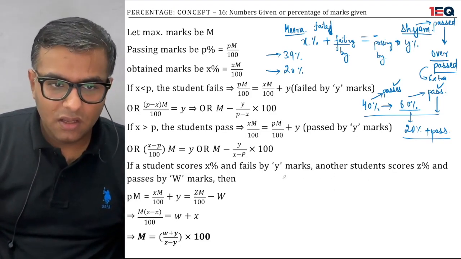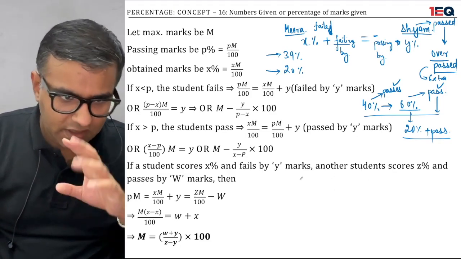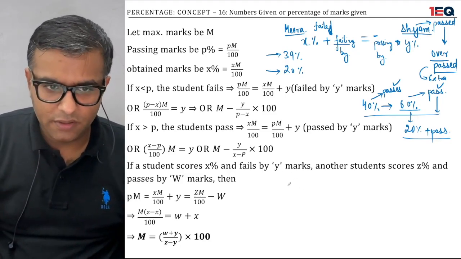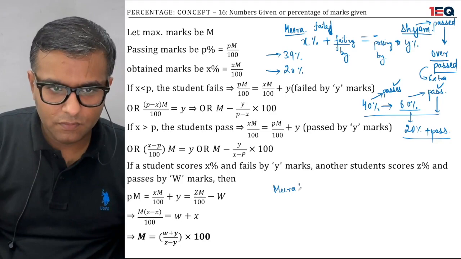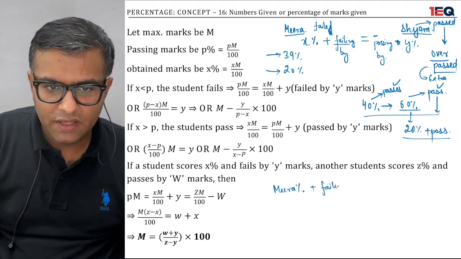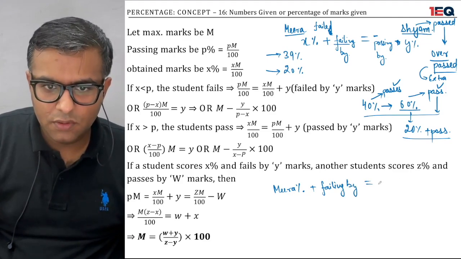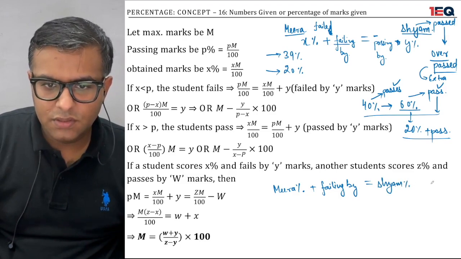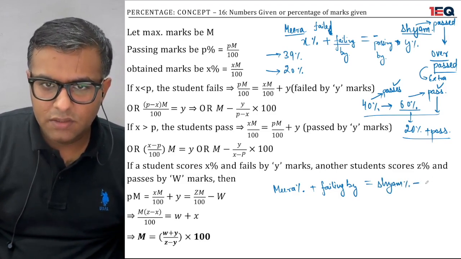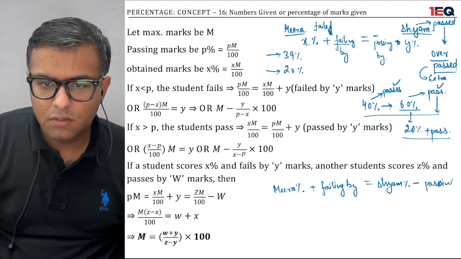To be very clear, look here: Meera percentage plus failing by is equal to Shyam percentage minus passing by.